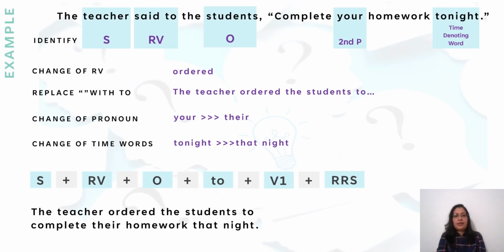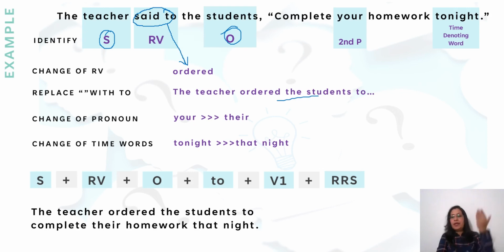The teacher said to the students, complete your homework tonight. Now this is an order where the teacher expresses some order or a command. So first step, identify the subject, identify the object. Reporting verb said to changes to, according to the tone, it is an order, so it changes to ordered. The teacher ordered whom? The students.